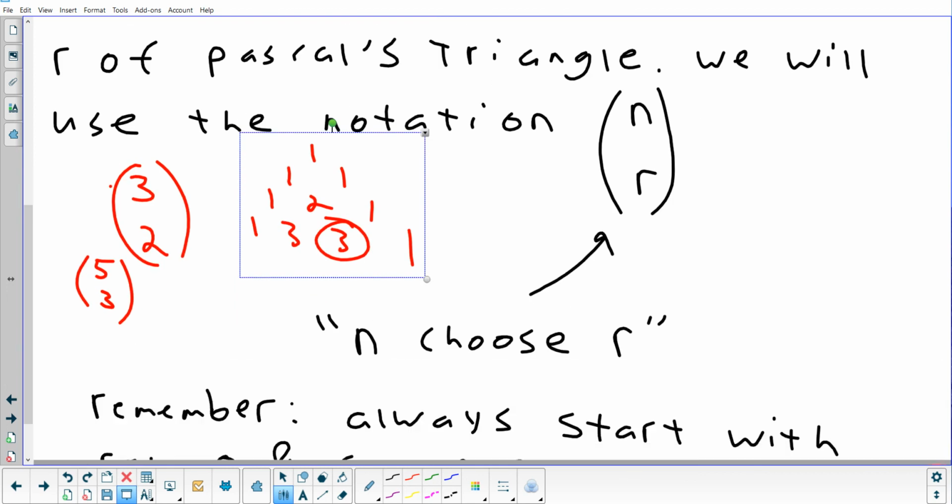Remember, when you're talking about N choose R, you're always talking about starting with the 0 column and 0 row. Pascal's triangle does not start with row 1. It starts with row 0, row 1, row 2, row 3. Same with the columns: column 0, 1, 2, 3.